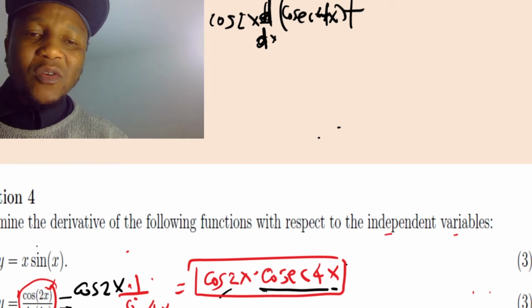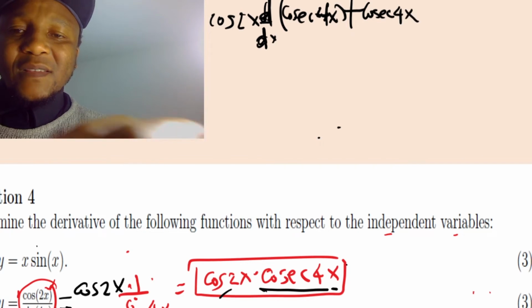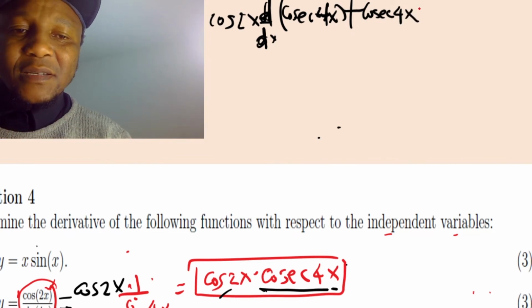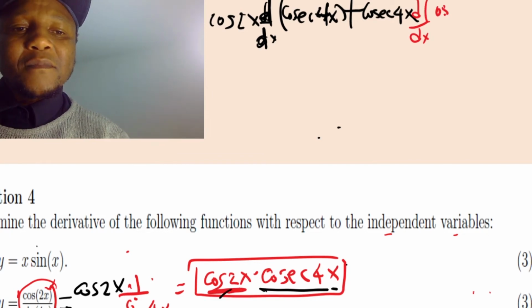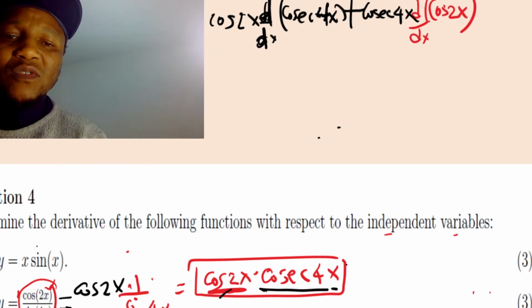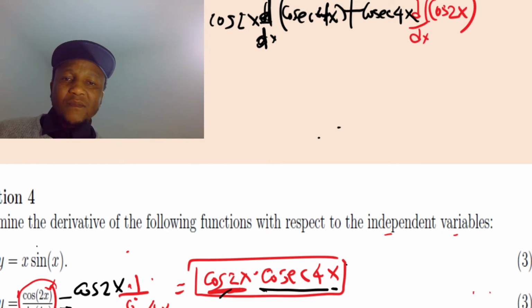Now this is going to be constant, cosec 4x. Now we're going to differentiate the first one, which is cos of 2x.